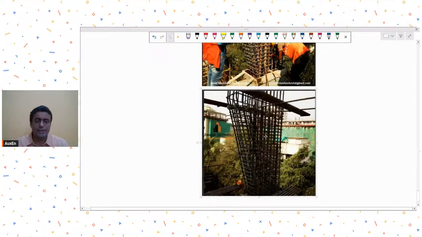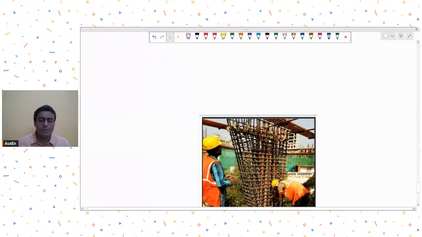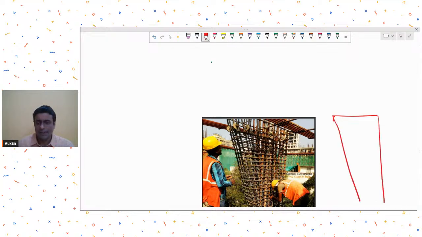In this case, there are two approaches that you can adopt. Number one is that you model it as a shell element. In elevation, I'm showing you, you model a shell like this. The thickness of this shell will be this dimension, and then whatever flaring up is happening will be modeled like this.